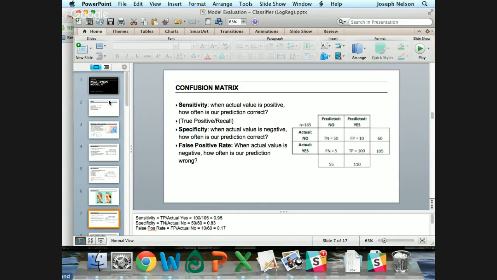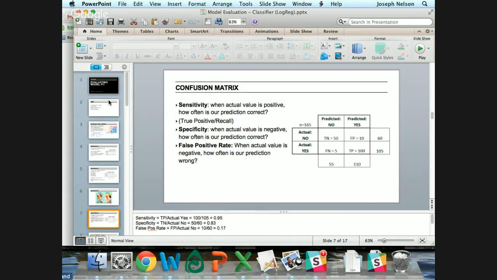Recall for yeses is the same as sensitivity. It is the rate at which our model says yes divided by the total number of true yeses. Recall for negatives is specificity. So the number of times our model predicts no divided by the total number of actual no's.